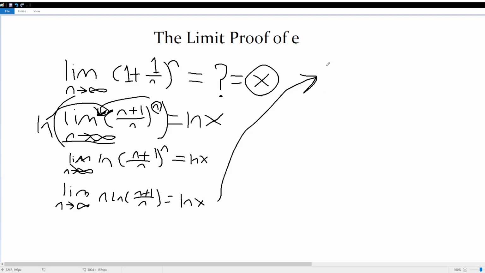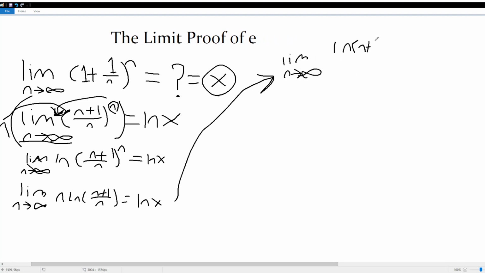We're going to say that through algebra rules, you can say that the ln of (n plus 1 over n) is all in the log, all over 1 over n equals ln of x.